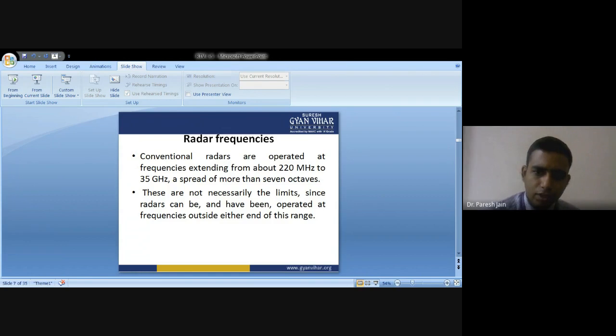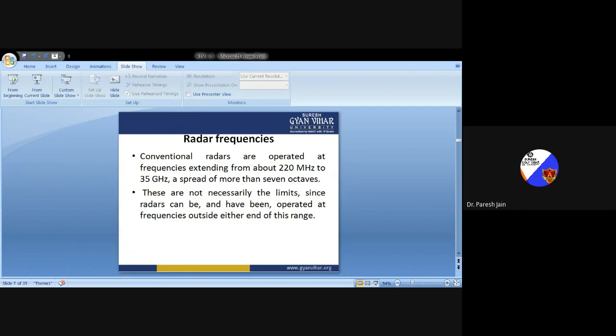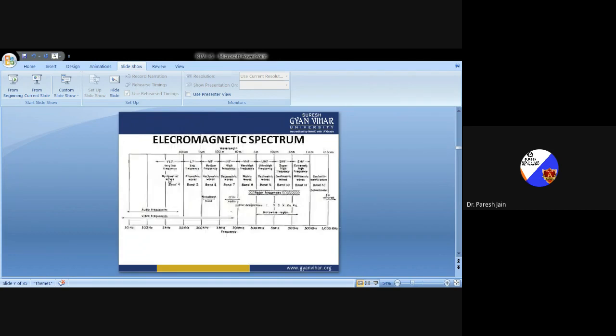And after that we have the infrared band, and we will discuss the radar band nomenclature in the next slide. So next, we have the different bands for radar.